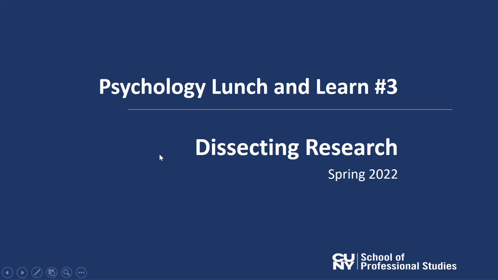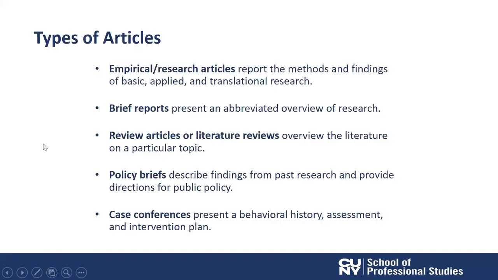You probably have a good idea already, but I'm going to give you some helpful hints, and I'll start off by talking about types of articles that are out there. So empirical articles or research articles are going to be articles that report methods and findings of basic, applied, and translational research. So this would be, for example, an article that tells you about the impact of the COVID-19 pandemic on school children.